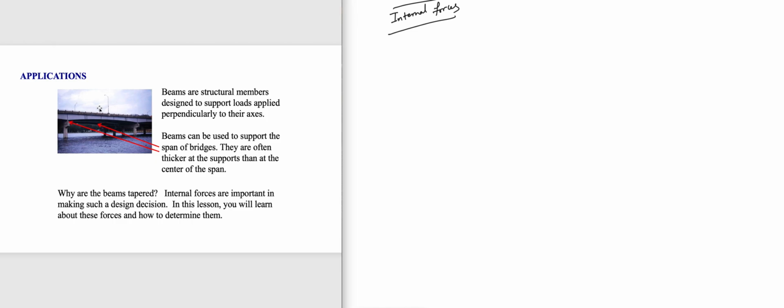For example, in this picture, if you have a loading like that, there are many trucks like this and so on, right? So if you keep increasing this distributed load, where does the bridge fail? Maybe at the center or maybe at this point.